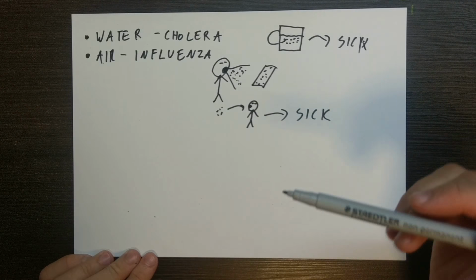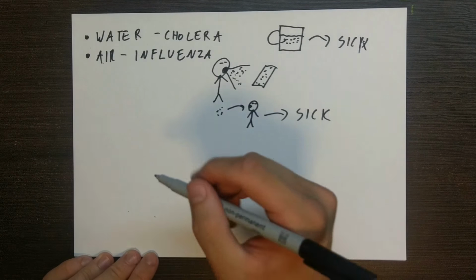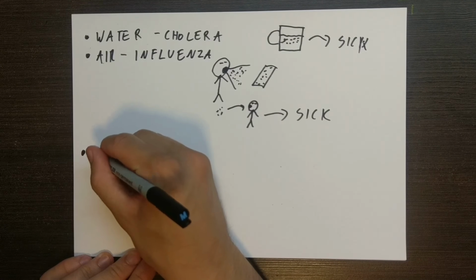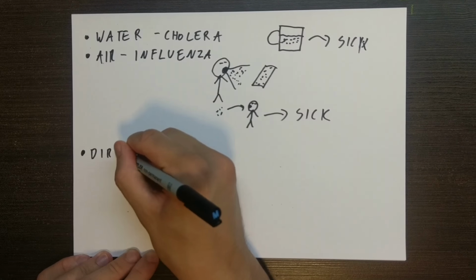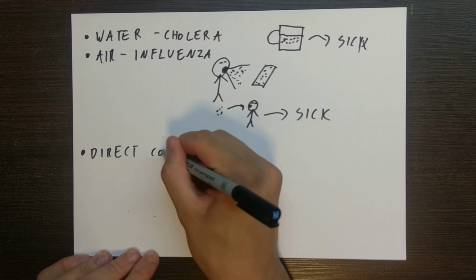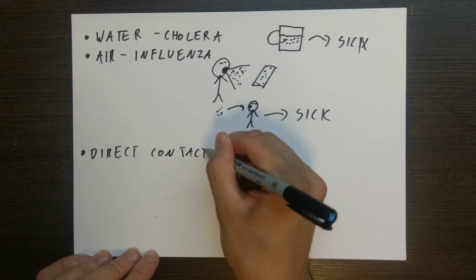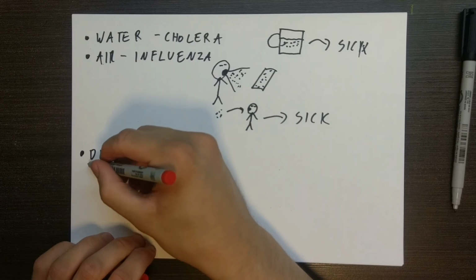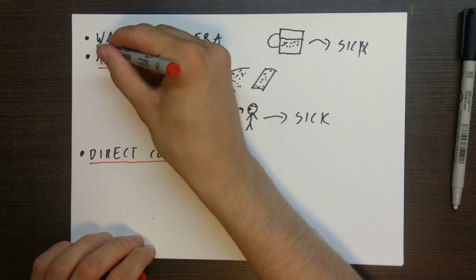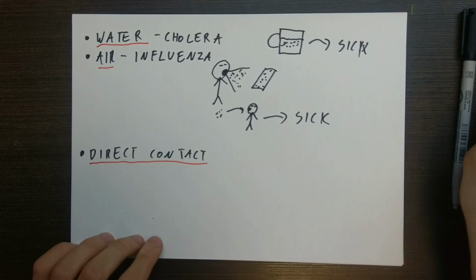And another big way that pathogens can spread is by direct contact. I'm going to underline these for you. Now, what does that mean?